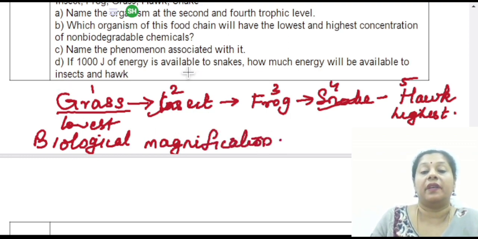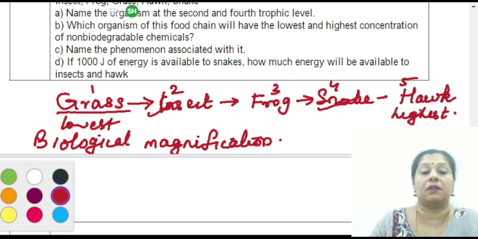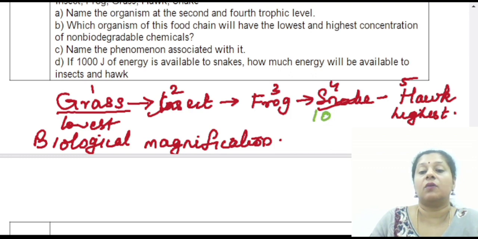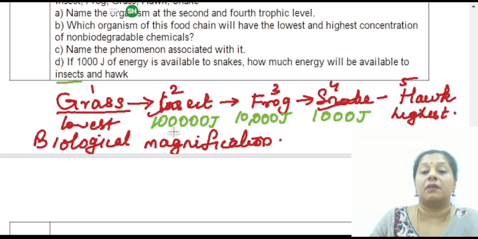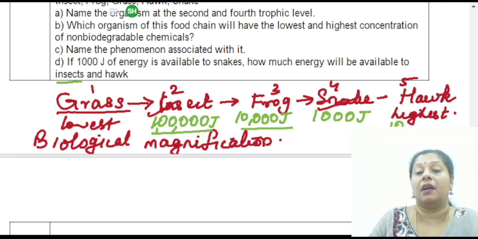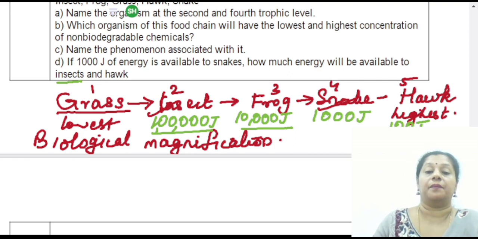If 1000 joule of energy is available to snake, how much energy will be available to insects and a hawk? So snake 1000 joule. Then frog must have been 10,000 joule. We are increasing 10. Here 1 lakh joule. So insects had 1 lakh joule. Hawk will be getting only 100 joule.